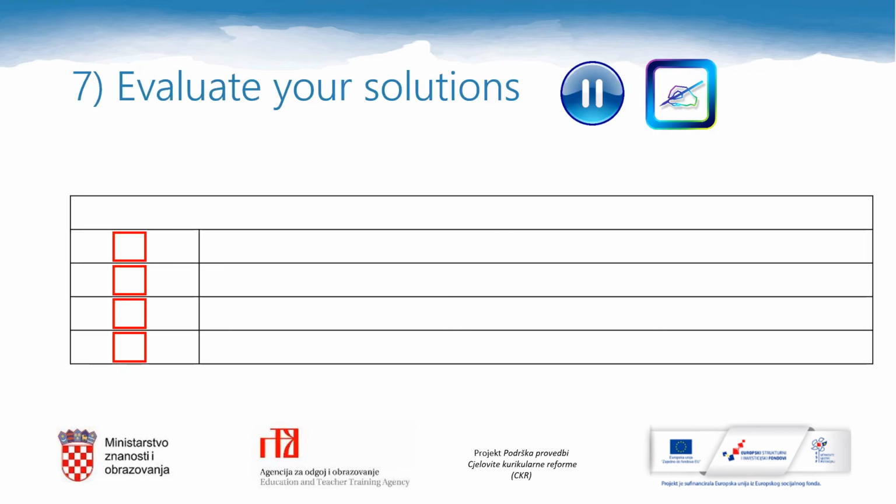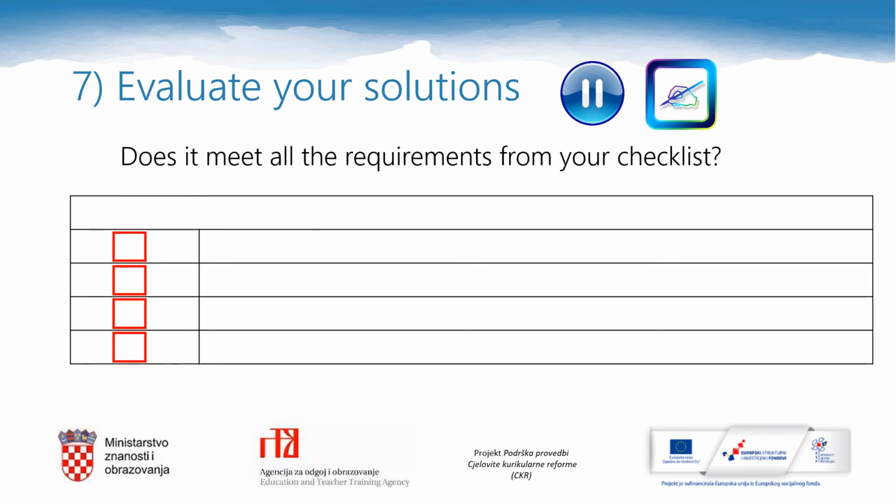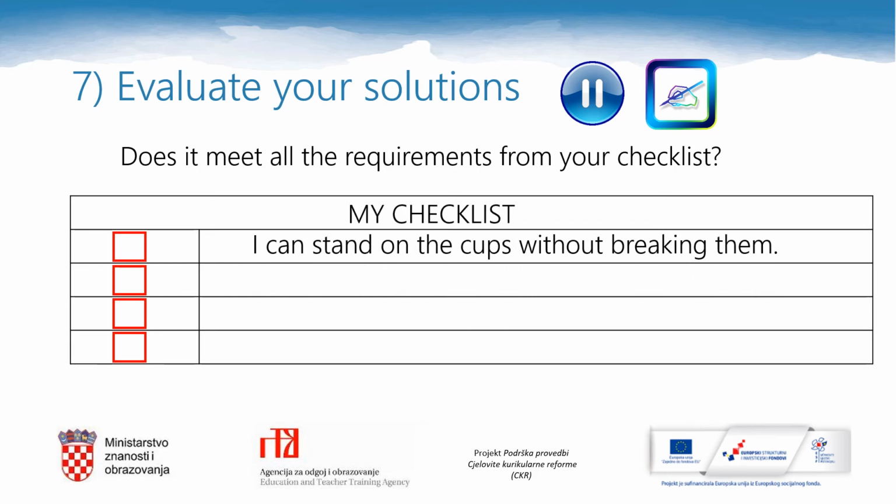The last step, step number 7, is to evaluate your solutions. How will you do that? You will see if your solutions meet all the requirements from your checklist. The first criteria was, I can stand on the plastic cups without breaking them. That's true.